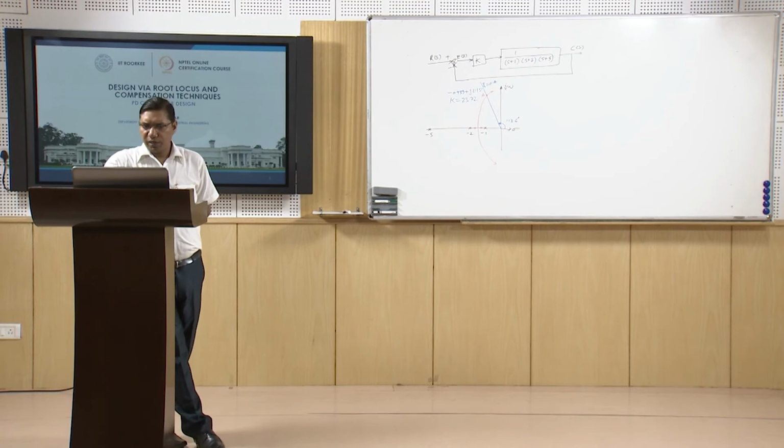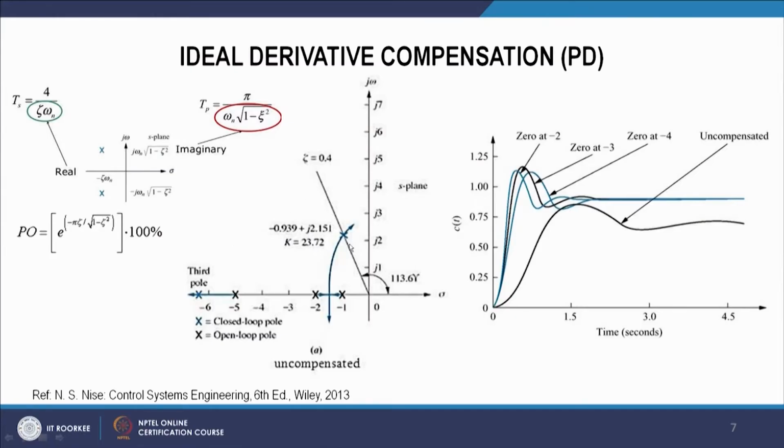So in this diagram we can see the poles at -1, -2 and -5, and corresponding to K equal to 23.72, we are getting the location of these closed loop poles as -0.939 plus minus j 2.151, and the third pole is at this location beyond -6. And this black line is the uncompensated response of this system.